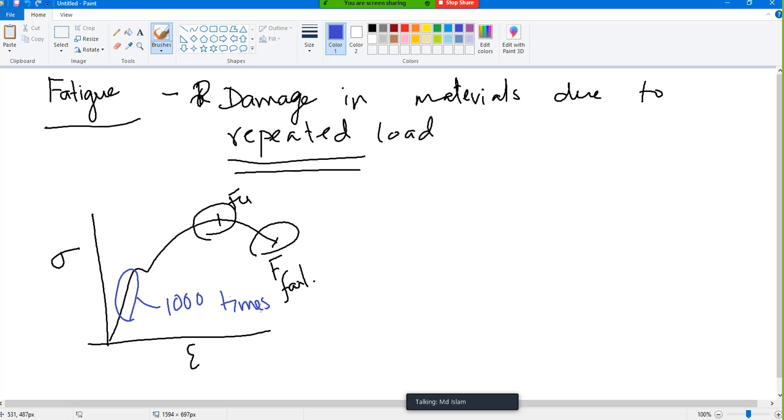If you do the same type of job again and again, then people get fatigue. So it is not a kind of failure, and the stress is not up to the failure level. Stress is very less, but if you do it many times, you will fail. So hopefully you understood the meaning of fatigue.